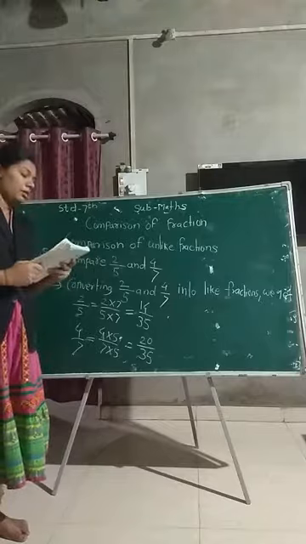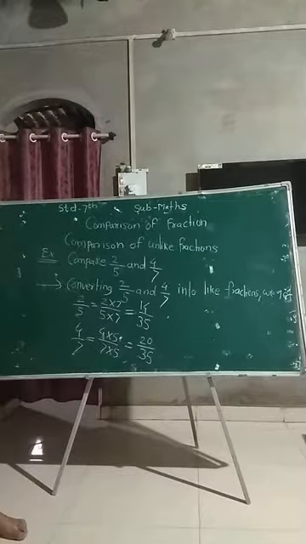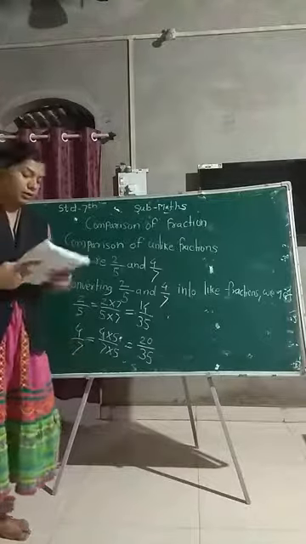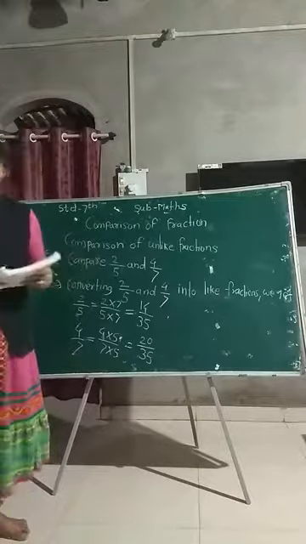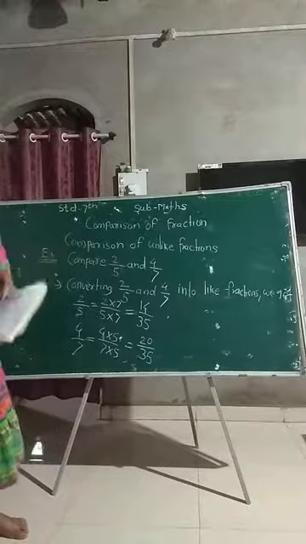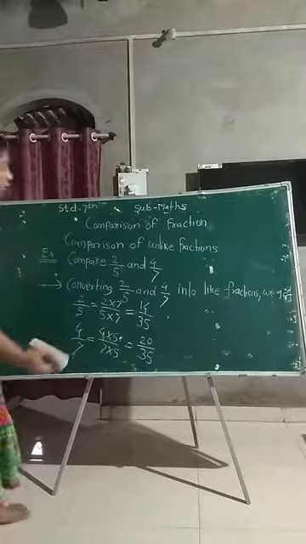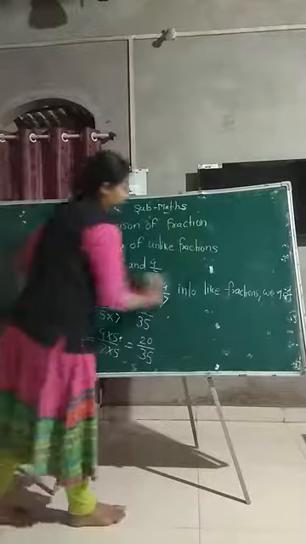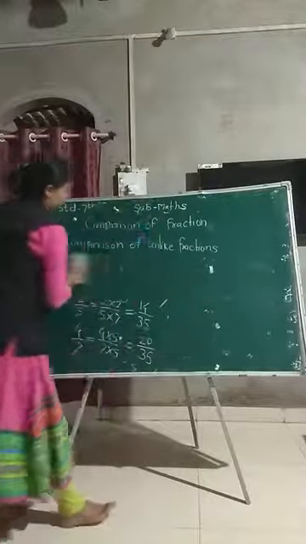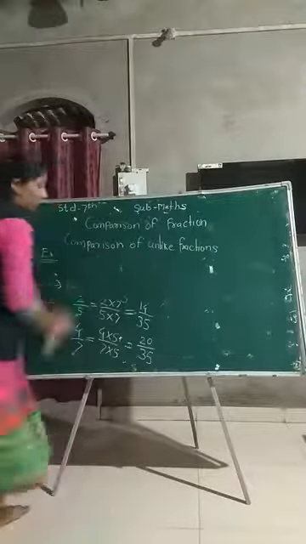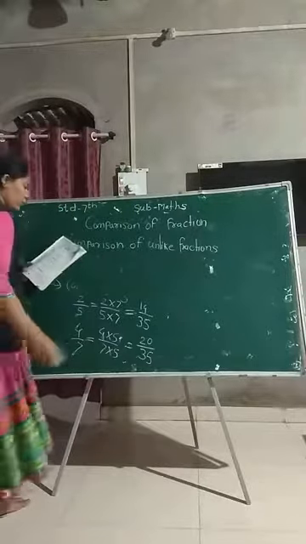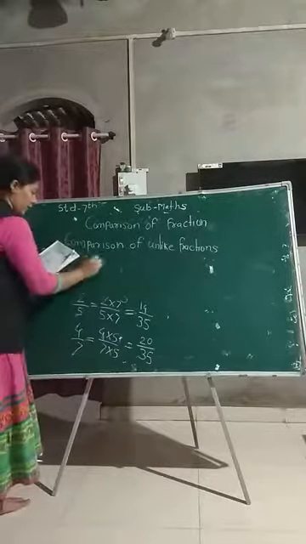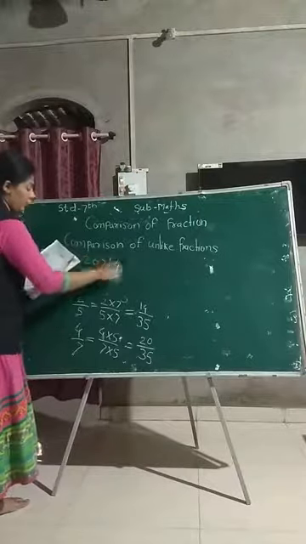By considering the numerators 14 and 20, we will decide which is the smaller fraction and which is the greater fraction. Observing their numerators, we know that 20 is greater than 14.